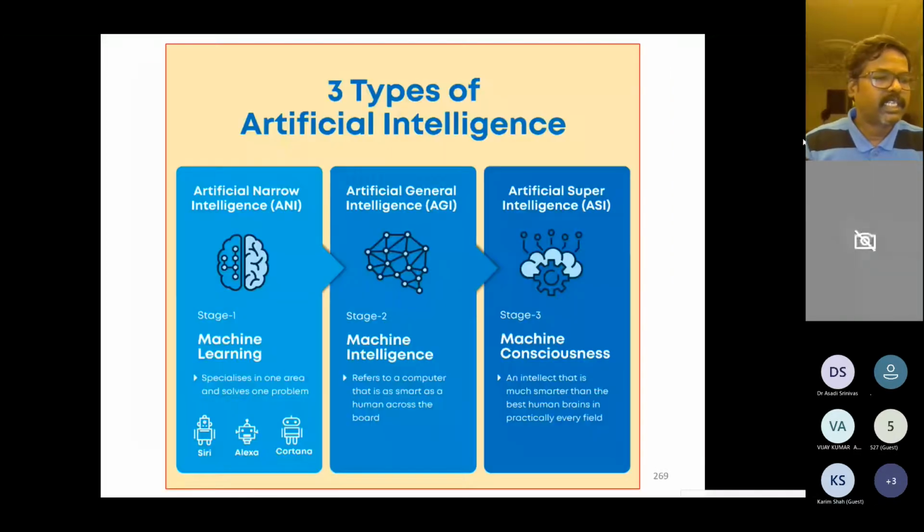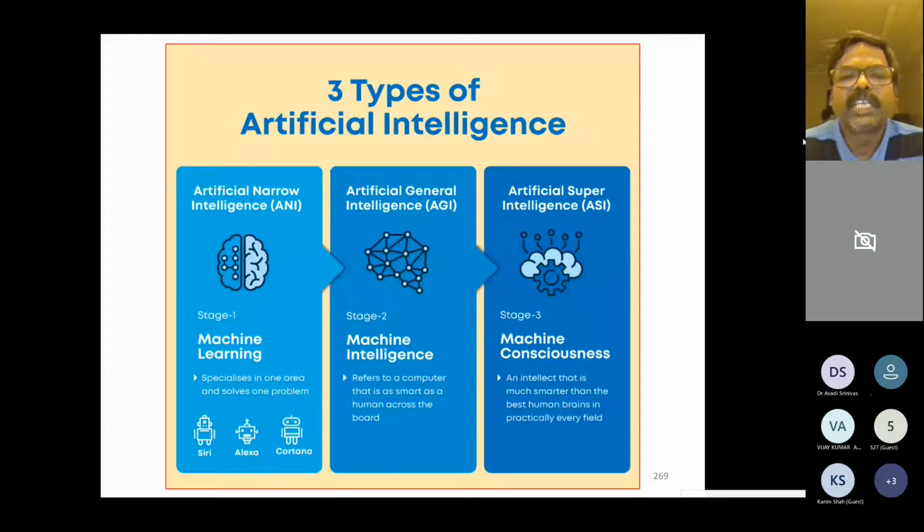These are the 3 types of artificial intelligence: artificial narrow intelligence, artificial general intelligence, and artificial super intelligence. Artificial narrow intelligence uses machine learning concepts. Example: Siri, Alexa, Cortana, which specialize in one area and solve one problem.